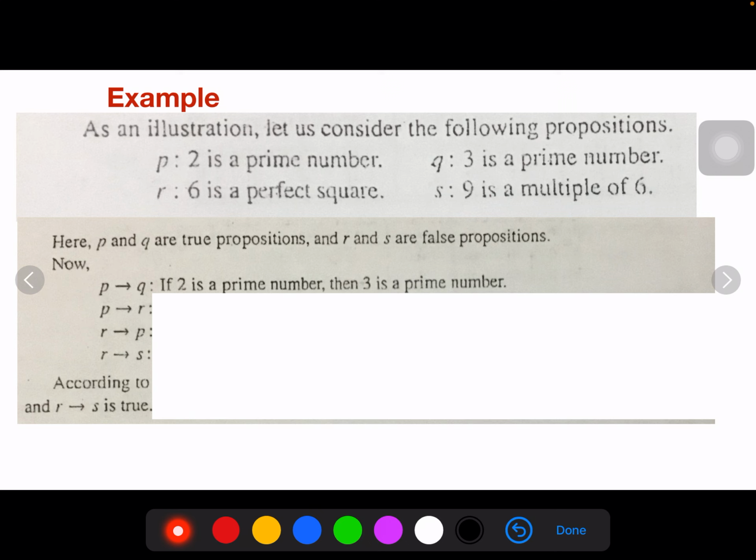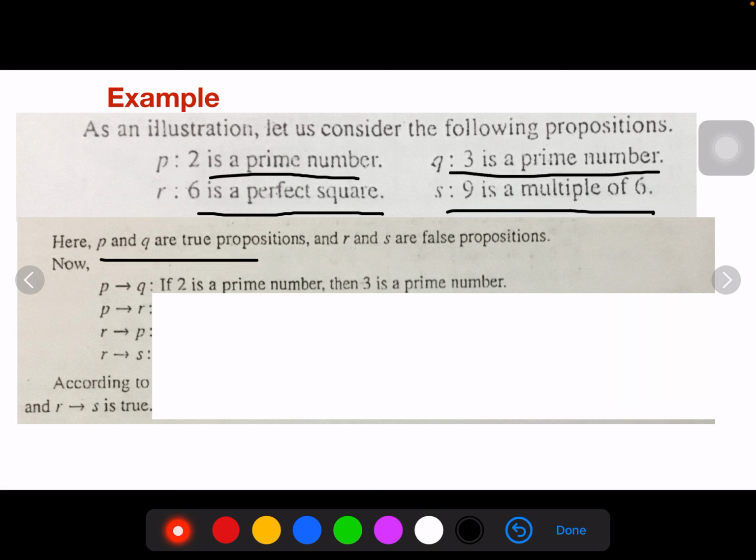As an illustration, let us consider the following propositions. P is 2 is a prime number, Q is 3 is a prime number, R is 6 is a perfect square, S is 9 is a multiple of 6.